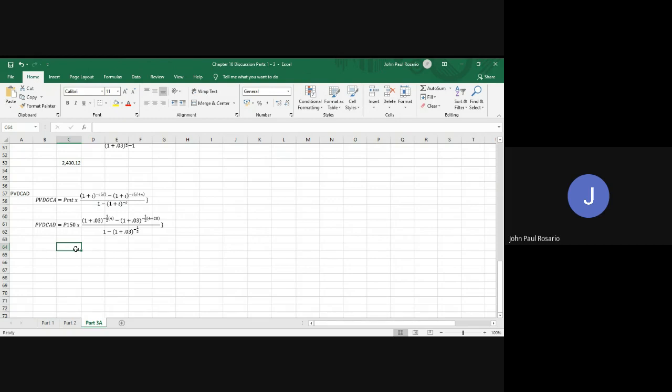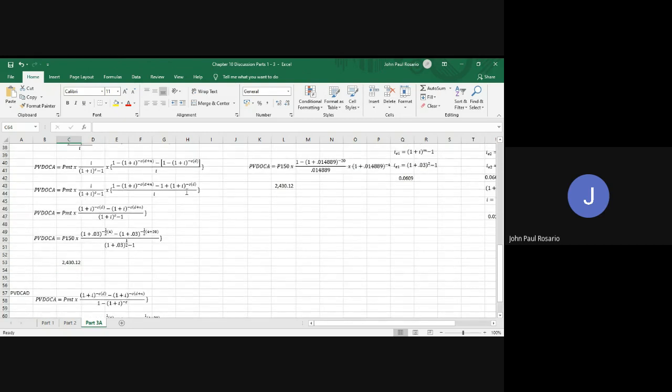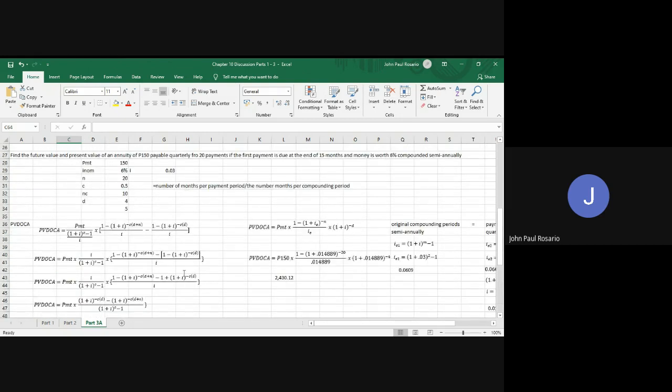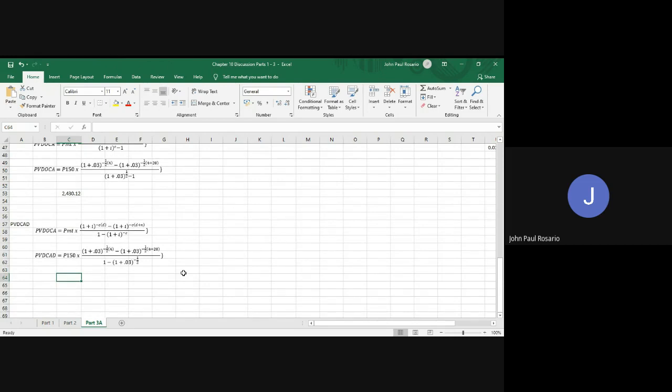By the way, our d here, when it's annuity due, now becomes 5. So I have to change this. This is annuity due, so 5, and then this is 5. Now that becomes 2.5, and another that would be 12.5.